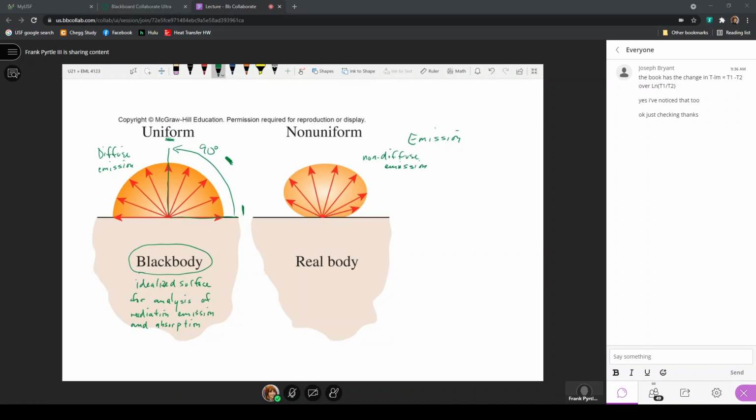If I consider the same angles, 90 degrees, 45 degrees, and let's say 5 degrees here, I would get different measurements of the intensity of the emission, as depicted by these arrows here.